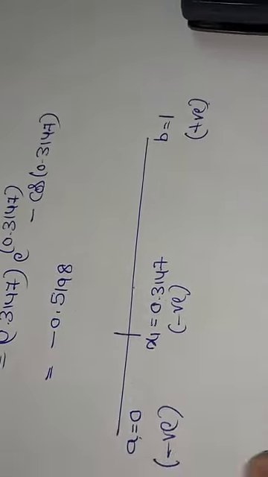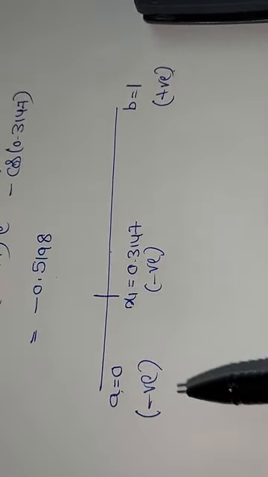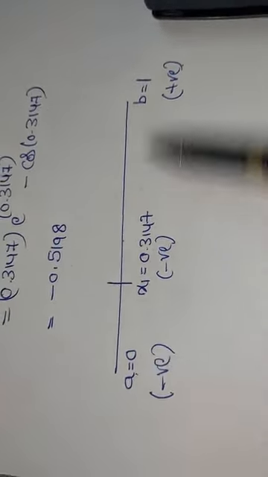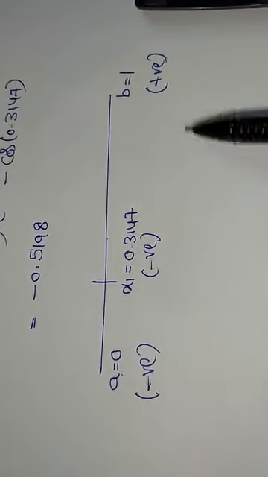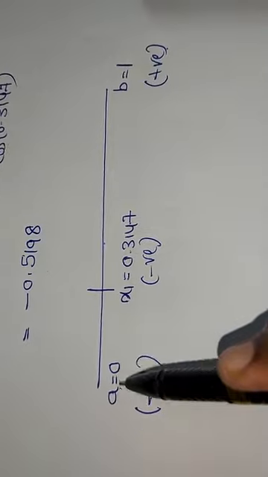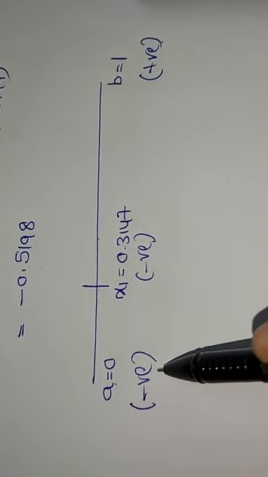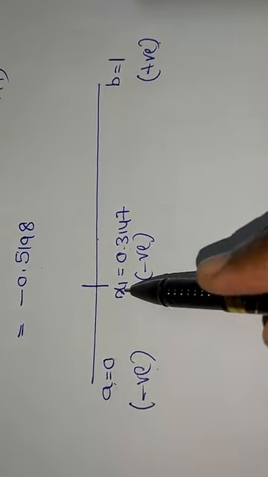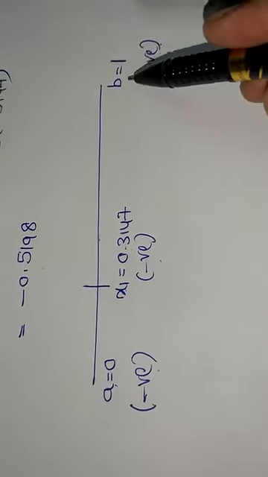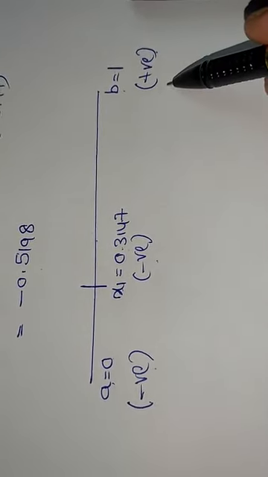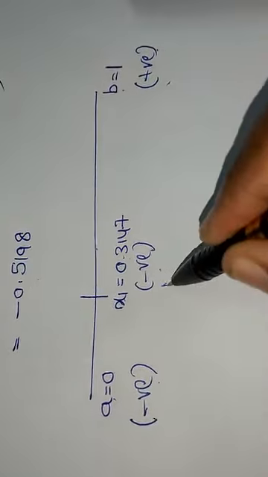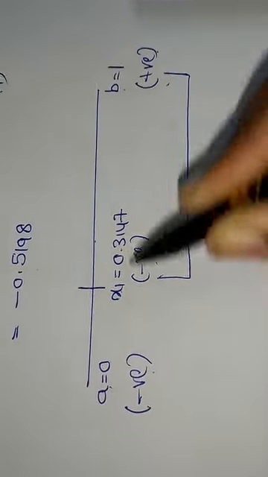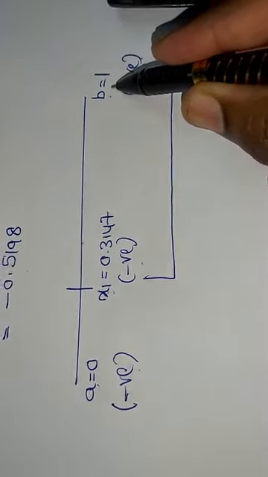So by applying the intermediate value theorem, the root lies between x1 and B.